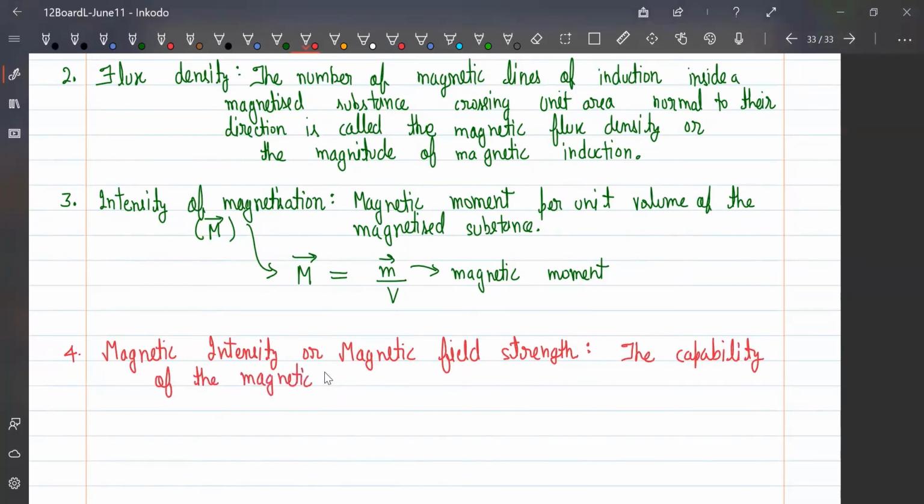Capability of the magnetizing field, that is external magnetic field, to magnetize the substance, and it is represented by H vector.